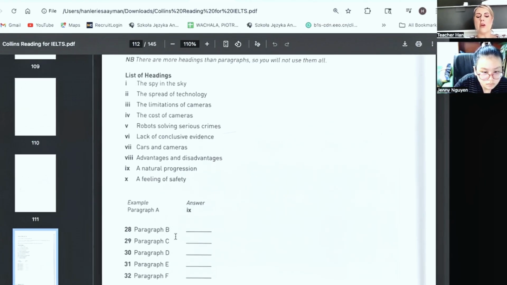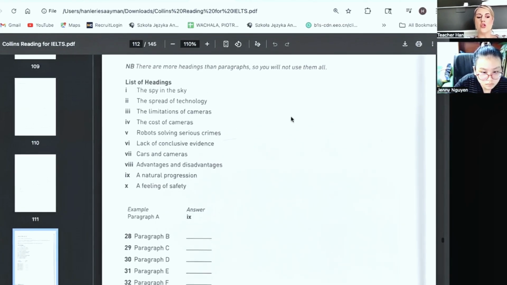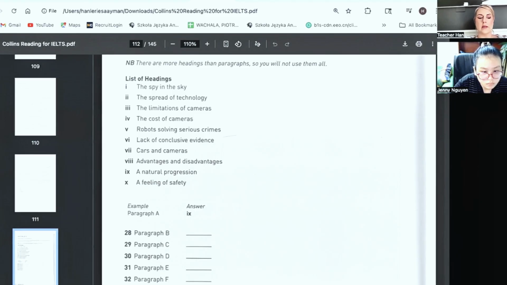Okay, so for paragraph B, which one would you choose as the best suitable heading? I guess for paragraph B, the cost of cameras.